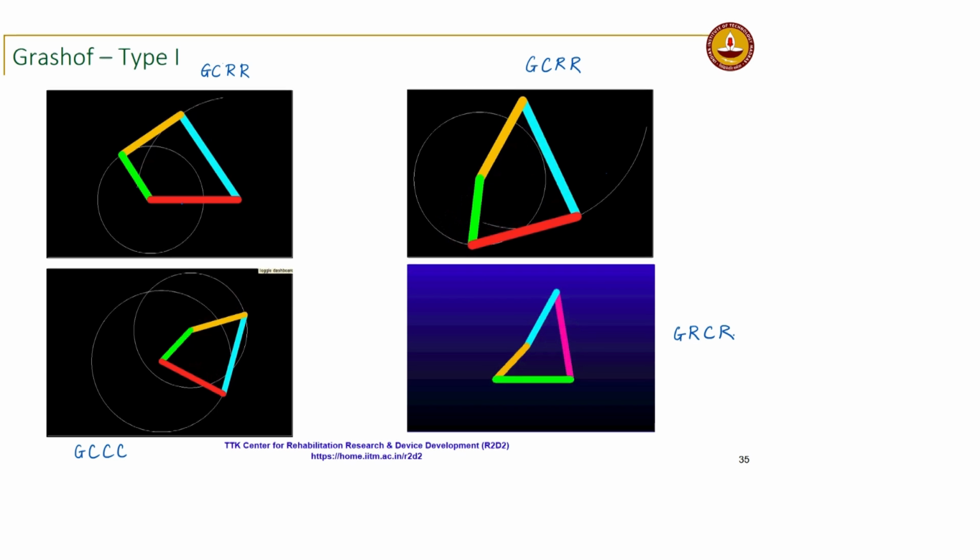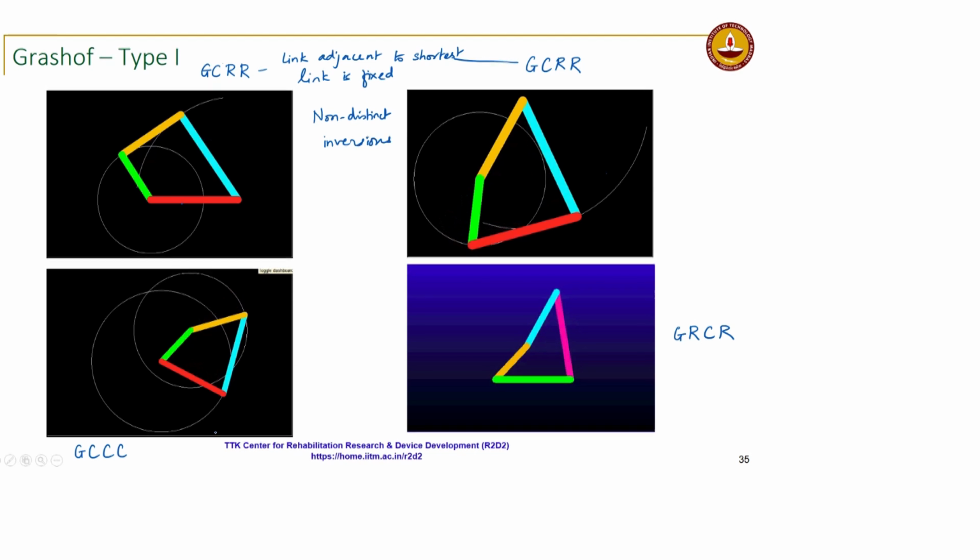Okay. So, here both of these, where the link adjacent to the shortest link is fixed, are non-distinct inversions.